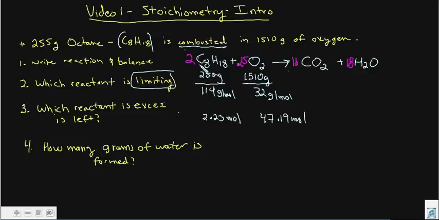So this one here has to be 12.5 times bigger than this one here. If I take 2.23 and multiply it by 12.5, I get 27.9 moles.